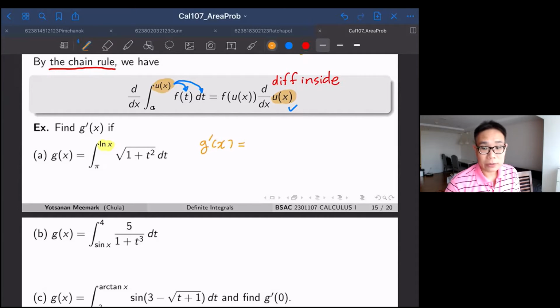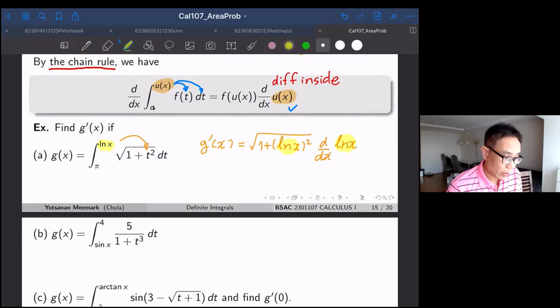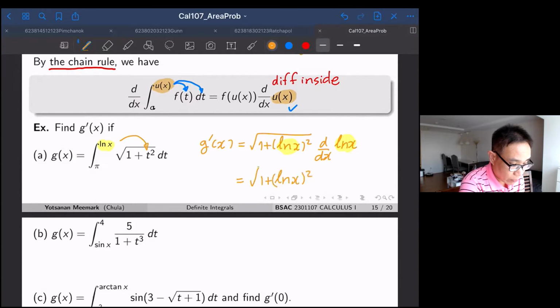G prime of x will be, you put log x in place of t, so it's the square root of 1 plus log x squared, and you differentiate log x. This is the inside derivative. Differentiating log x, you get 1 over x. So this one is your final answer.